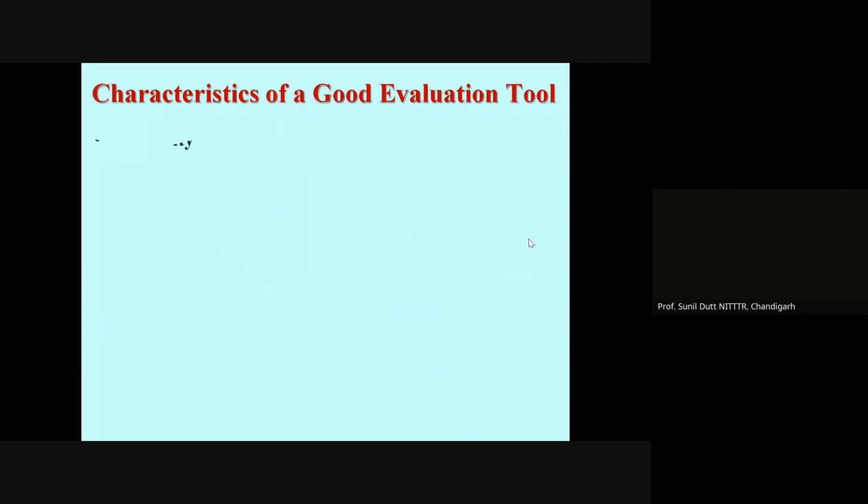Now, the characteristics of a good evaluation tool. I have discussed other characteristics, but the main two are, one, validity. Validity means appropriateness of the interpretations made from the test scores with regard to a particular use.